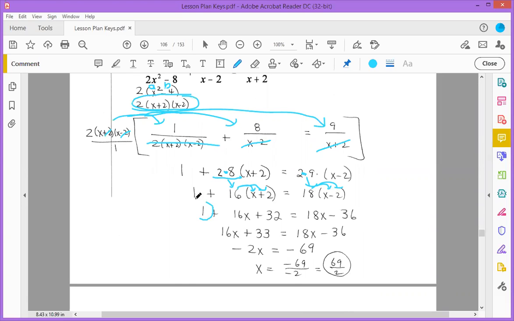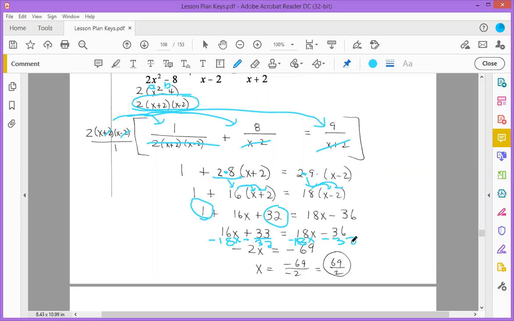We'll combine like terms. 1 plus 32 gives us 33. Carry down your 16x, your equal sign, your 18x, and your minus 36. Then we're going to subtract 18x from both sides of this equation. And we're also going to subtract 32 from both sides of this equation.